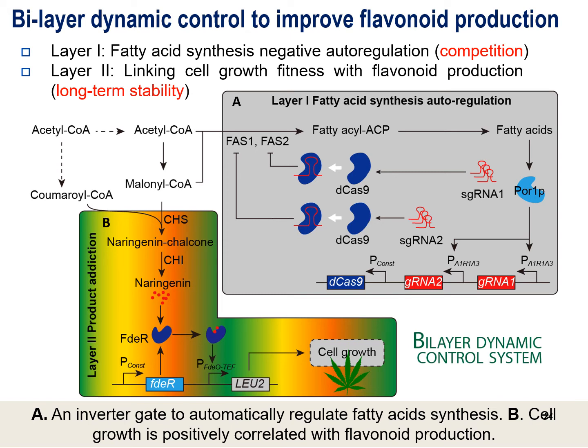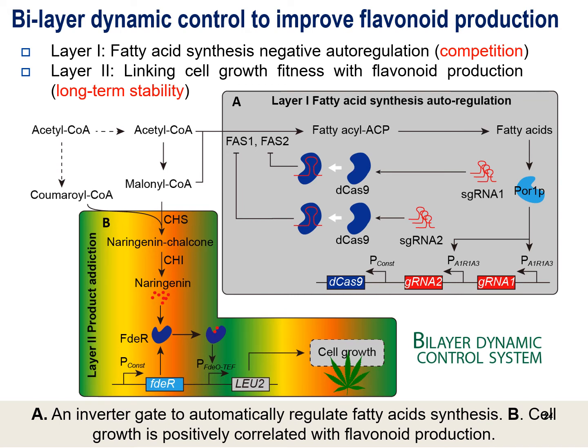Then FDR can drive the expression of an essential gene, LEU2, which is essential for cell growth. Of course, on the genome background of the cell, we have to delete the LEU2 gene. So the LEU2 gene has to be exclusively expressed under the control of the hybrid FDR-type promoter. It will only be activated in the presence of naringenin.